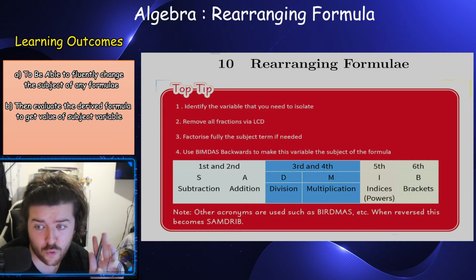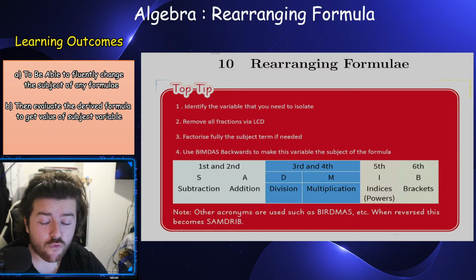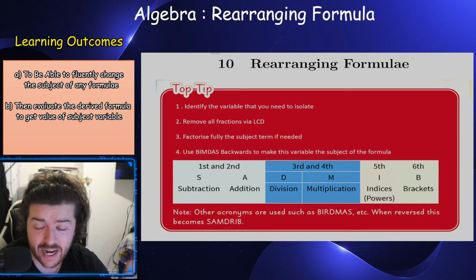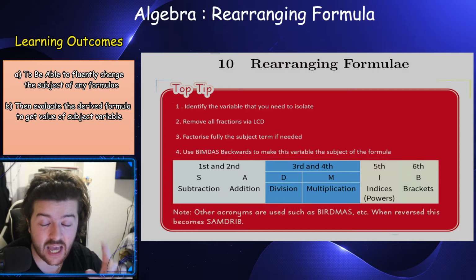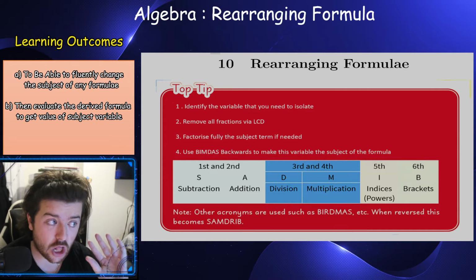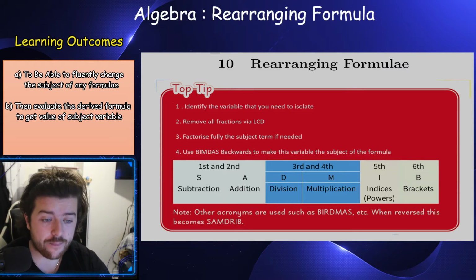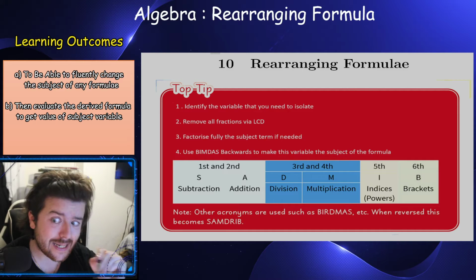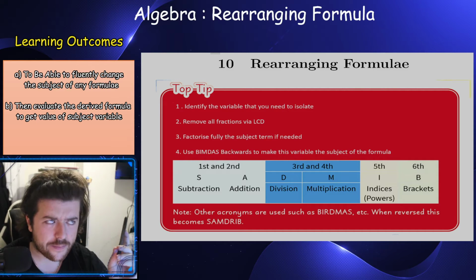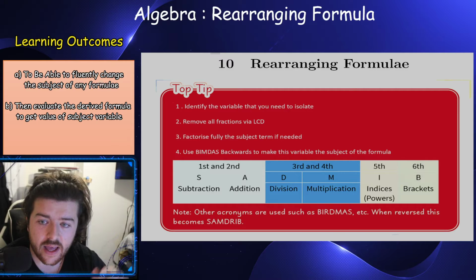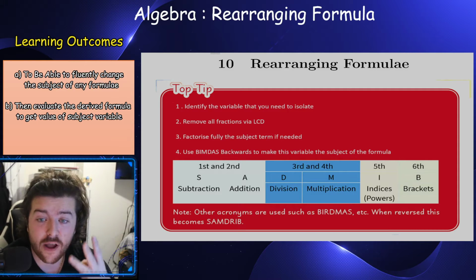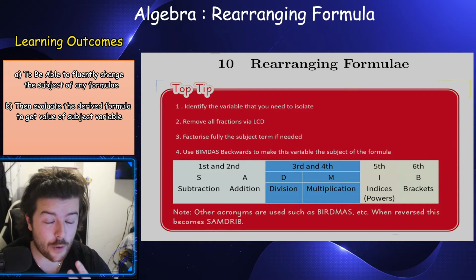Rule 2, you need to remove all and any fractions via lowest common denominator, i.e. multiplying every term by the lowest common denominator. That's something we learned 2 videos ago, if it's uploaded by now. Might be. Anyway, step 3. Factorize fully the subject term if needed.